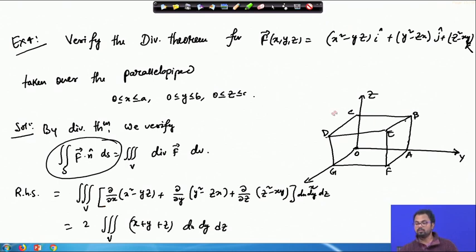So, on every surface of this parallelepiped, we have to evaluate the surface integral, and on every surface we have to calculate the unit normal, and for every surface we substitute that unit normal and then calculate the surface integral. So, let me give you an example.